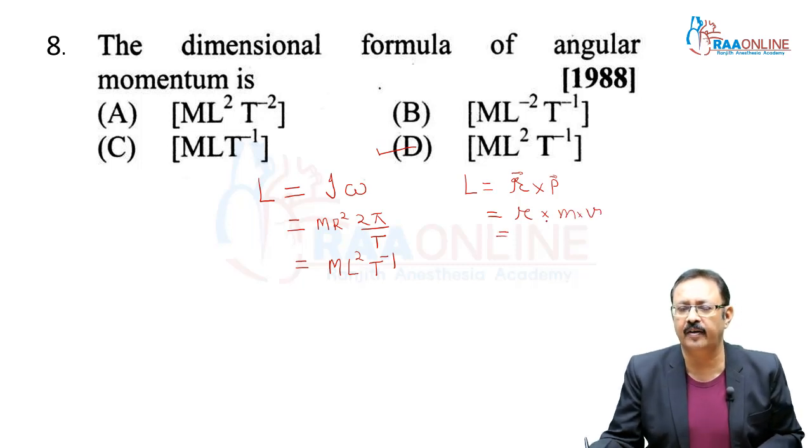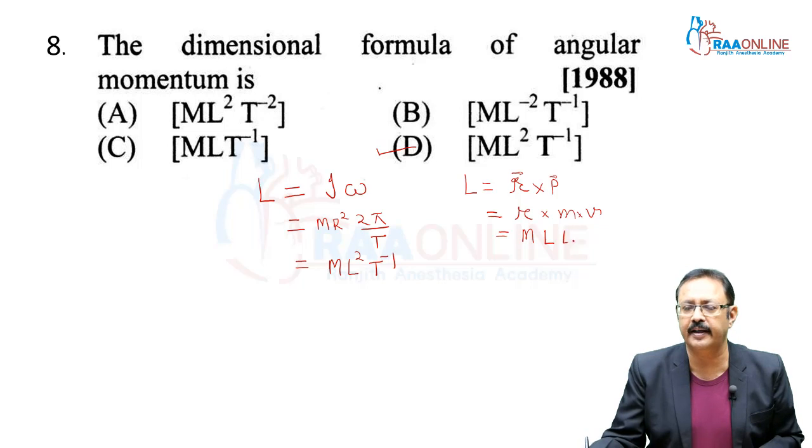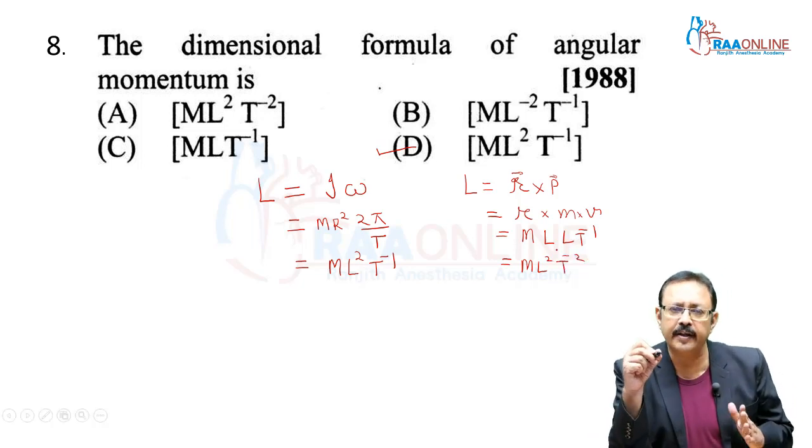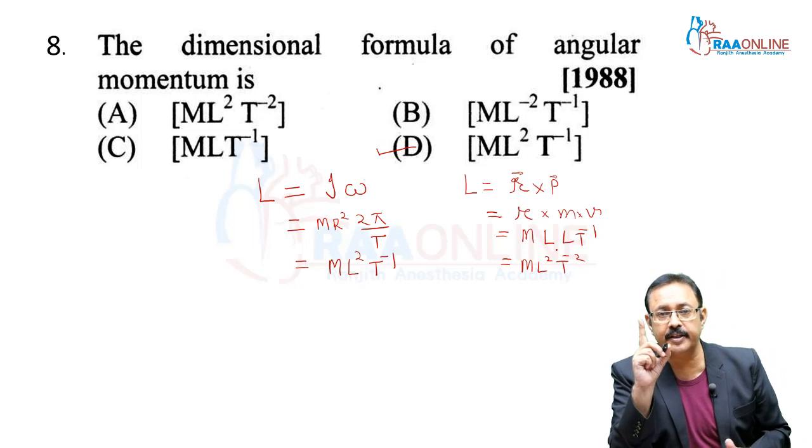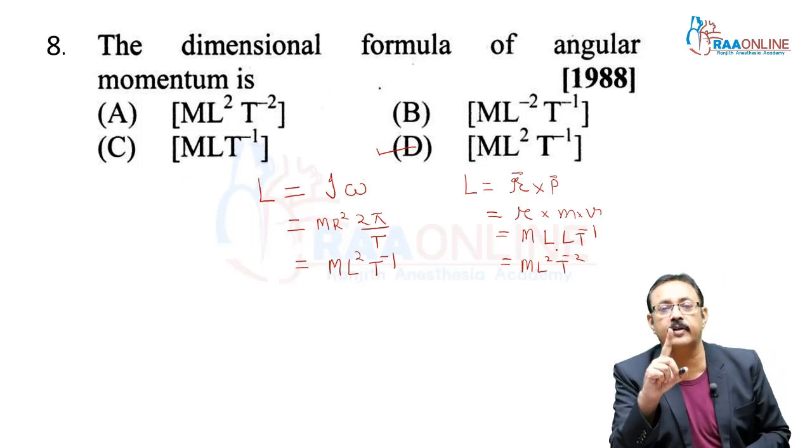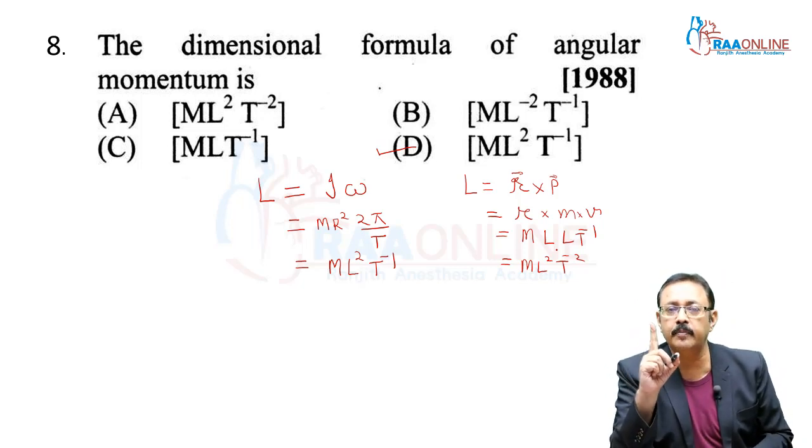So in this way also you can get mass M, length L, velocity L T minus 1. Again we are getting the same result, M L2 T minus 1. If you know any formula in which that physical quantity was present, you are able to calculate the dimensional formula.